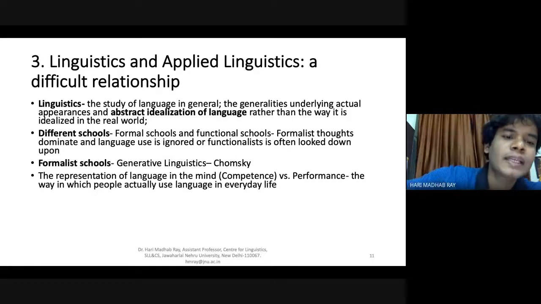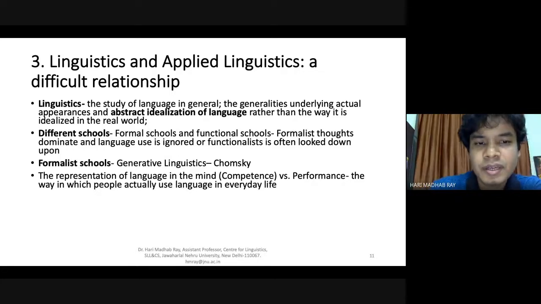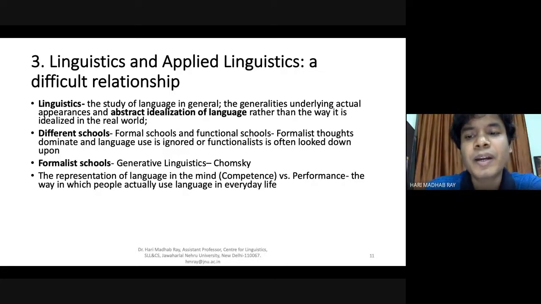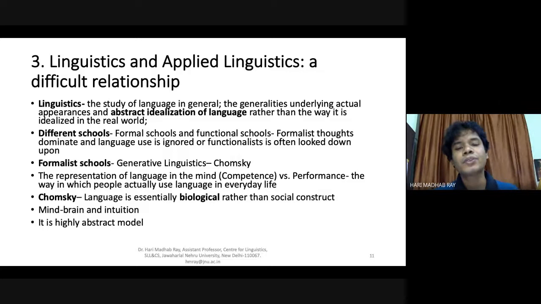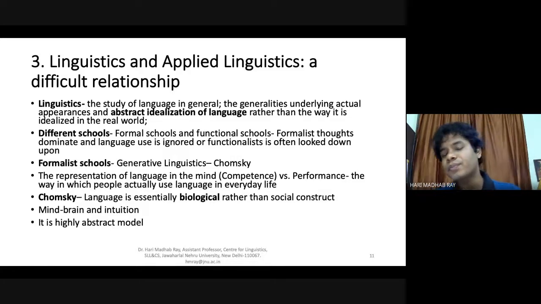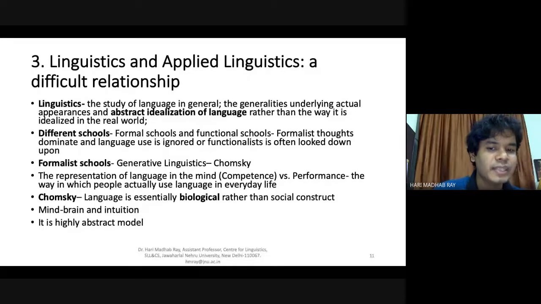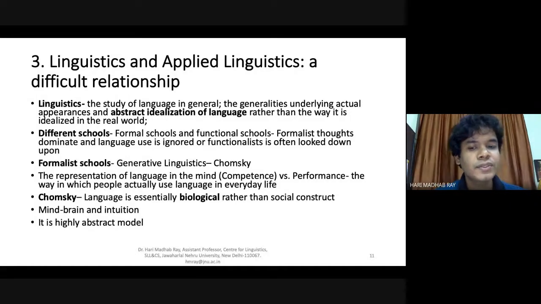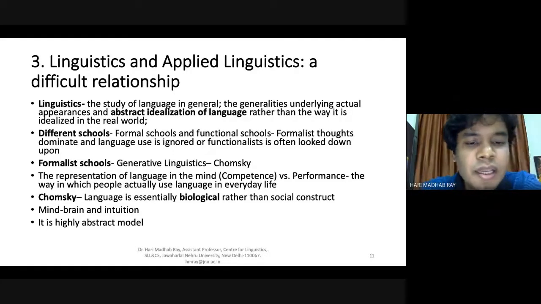So what is happening here is that the competence part is given importance in the whole generative school, and the performance part is not. I think you understand this part. Another premise of this generative school is that language is essentially biological rather than a social construct. So it talks about the mind and brain.